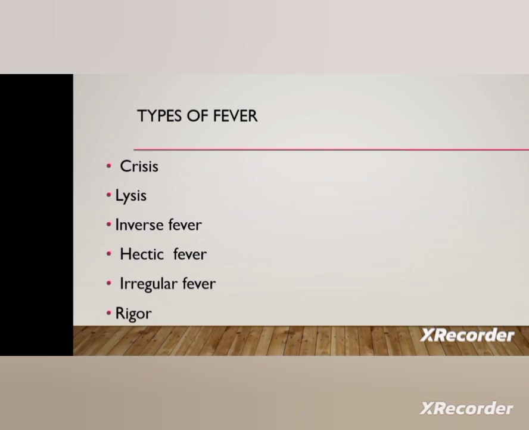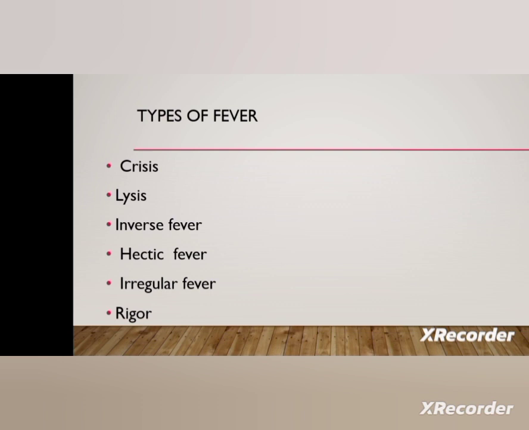Pyrexia is classified into four forms: low pyrexia, moderate pyrexia, high pyrexia and hyperpyrexia. Low pyrexia means the temperature will be 99 to 100 degrees Fahrenheit. Moderate pyrexia means the temperature range will be 100 to 103 degrees Fahrenheit.